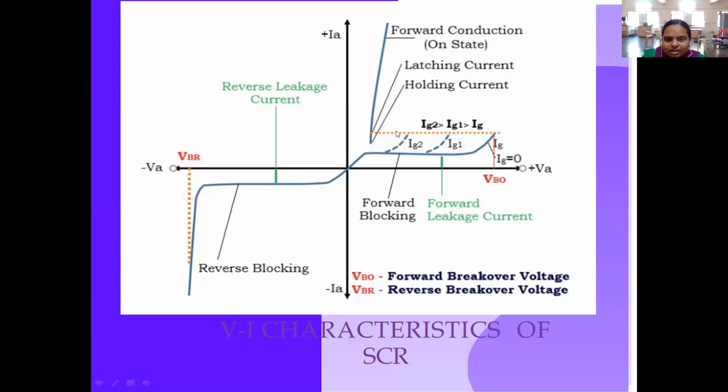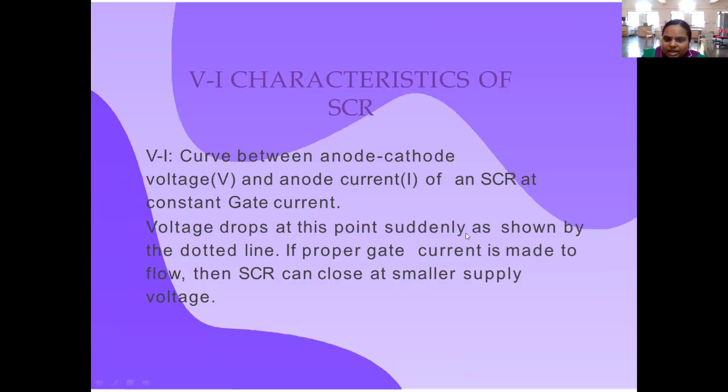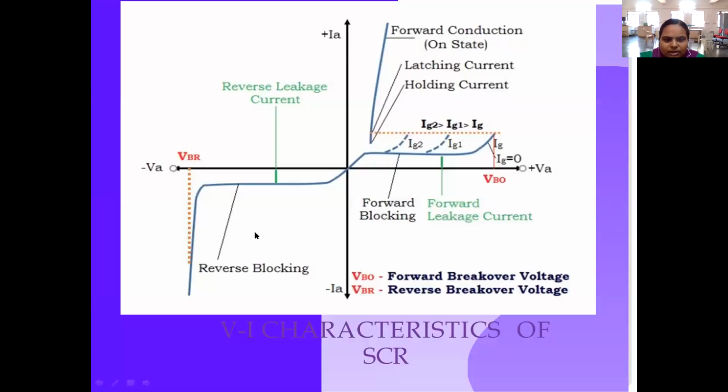The dotted lines indicate where the sudden voltage drop is going to occur. If proper gate current is made to flow, then the SCR can close at a smaller supply voltage. We'll learn how this happens. This is your VI characteristic, where we learn how voltage and current depend on each other.